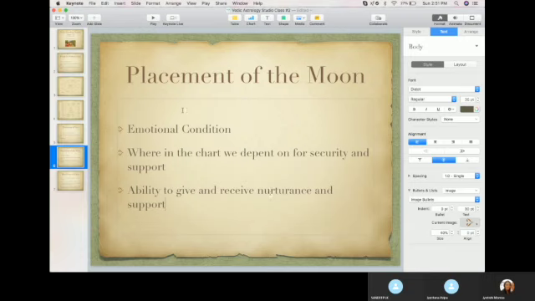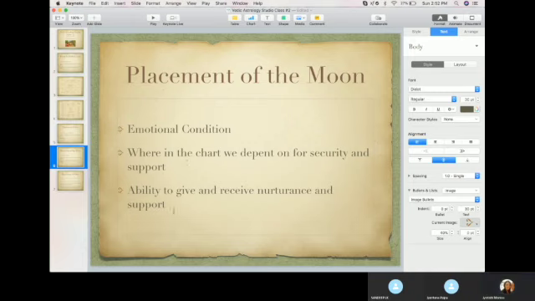Now, the moon is a very, very important graha, and we'll talk more about the moon in later classes, about the influences on the moon itself, because the moon is the mind. With the mind, we perceive, and the mind influences our emotions. So however the moon is influenced in a chart, that is how the person views the world. But we'll talk about that later.